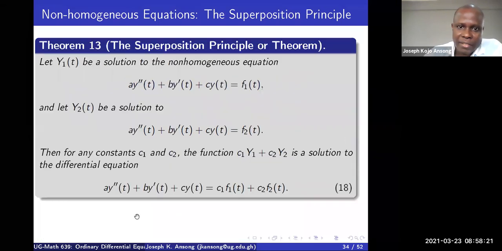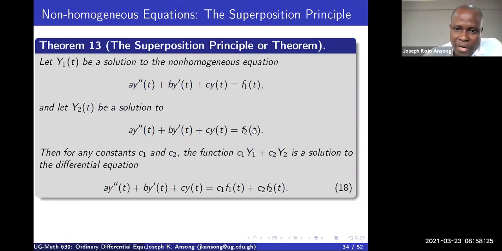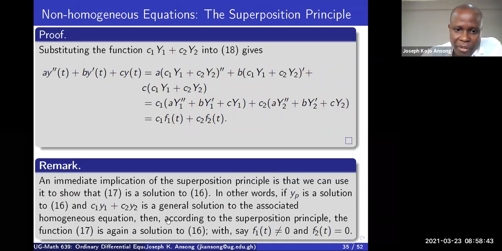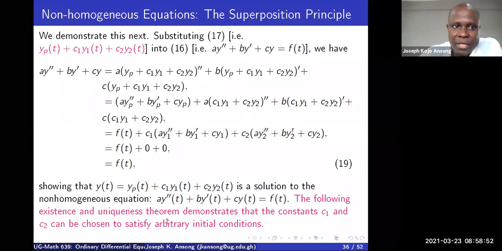So that is like these two equations where one of them is 0, the other one is f of t. You have a solution to this part where this is 0, that's the homogeneous part, and the solution to this part is yp. This theorem says that I can add the two solutions and I get the final solution. That is what I'm trying to explain here. So in general, you can add them up and then you get a solution.